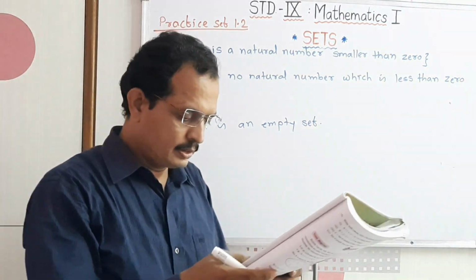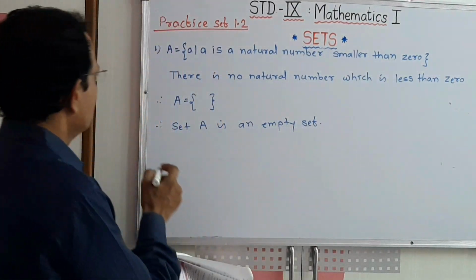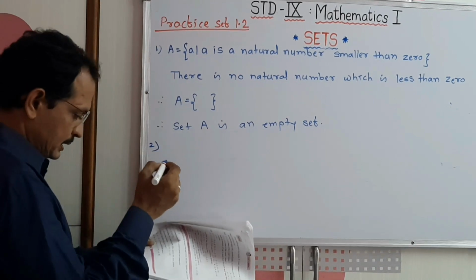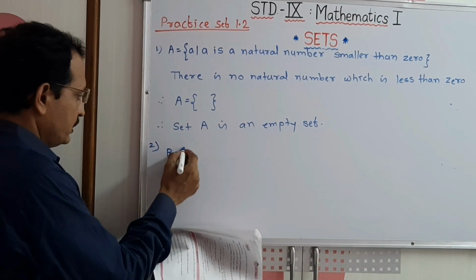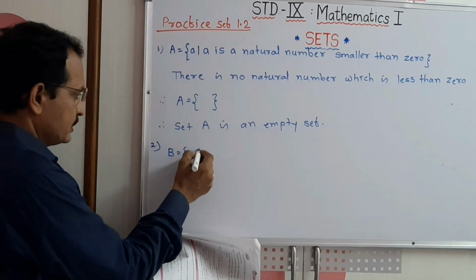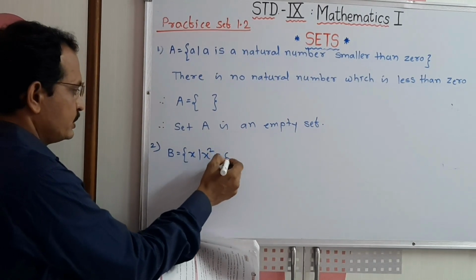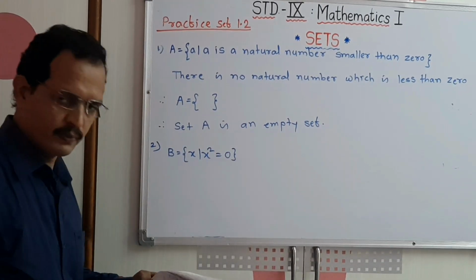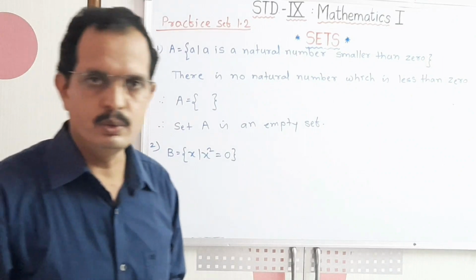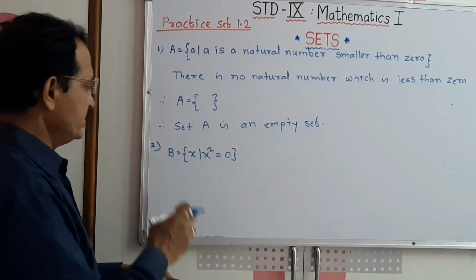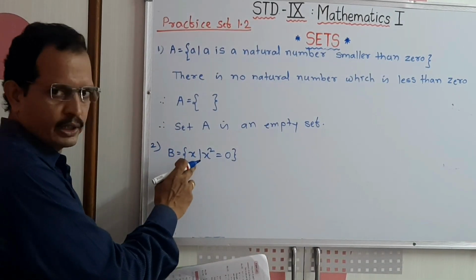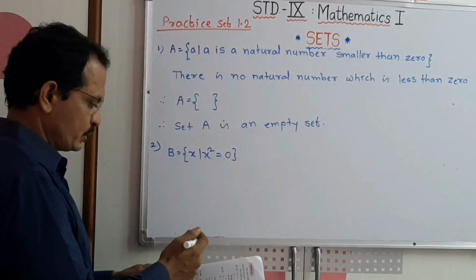Let's see the second. Set B is a set of x such that x square is equal to 0. Now see, B is a set of x such that x square is equal to 0.